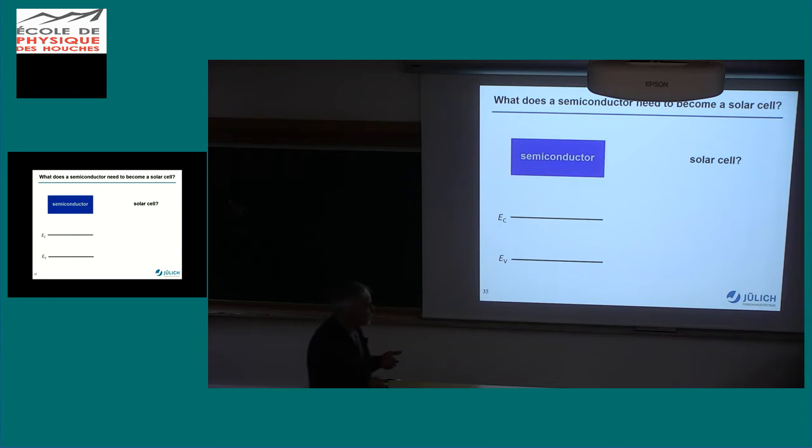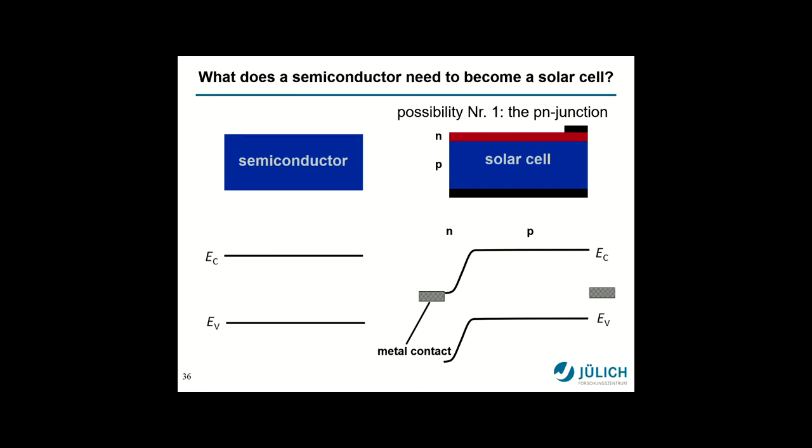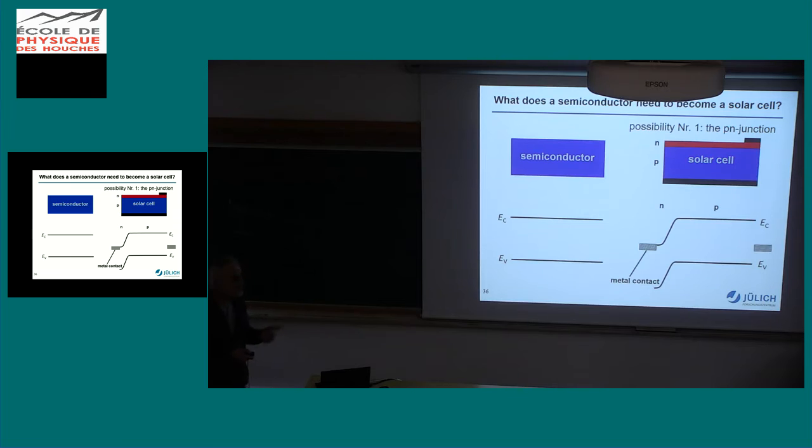We are now coming a little bit to the understanding of specific materials and specific devices. If you start with a semiconductor, with a conduction band and a valence band, how do you get this semiconductor into a solar cell? There is one way, a typical PN junction, where you bend the bands. That is in addition to what I had this morning.